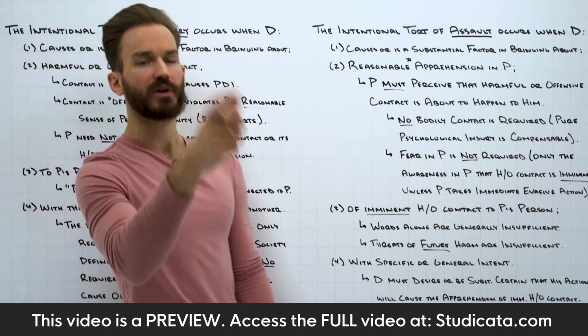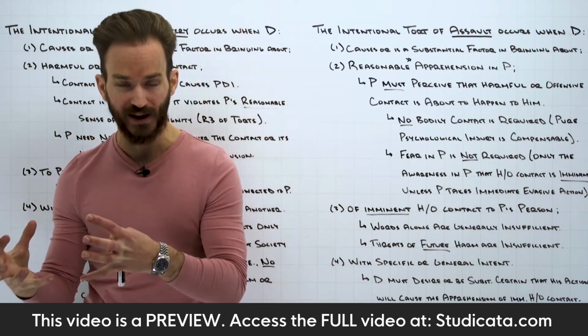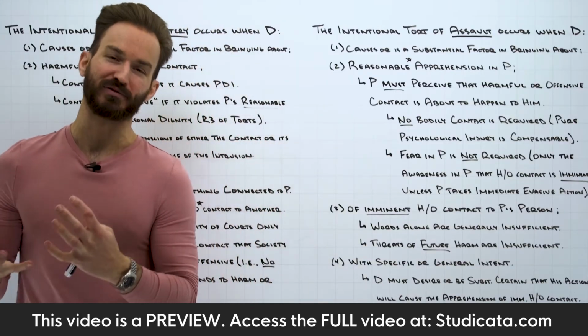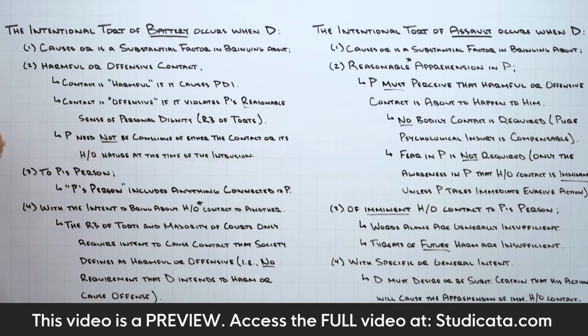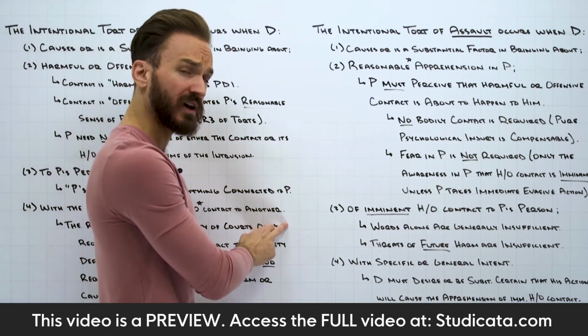So here what we're looking at is a more objective definition of this term we use in a subjective test, which I know can be a little bit complicated. What we're looking at is whether the defendant had the intent to bring about harmful or offensive contact to another.